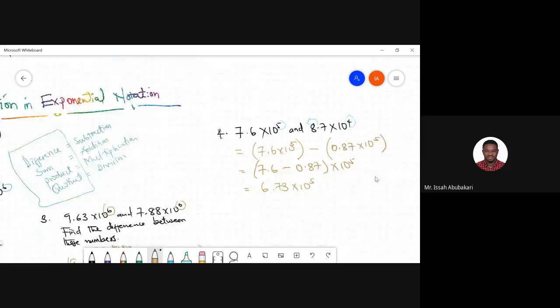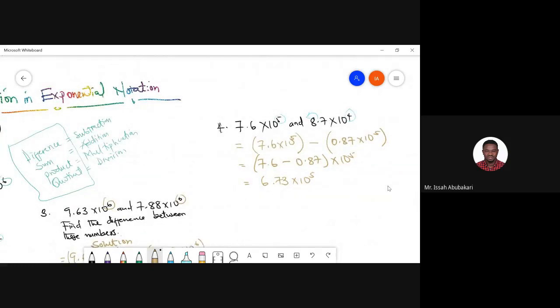All right. Now let's look at question 5. When we have 1.21 multiplied by 10 power 7 and 6.2 times 10 power 6, and you're asked to find the difference between these two exponential notations.